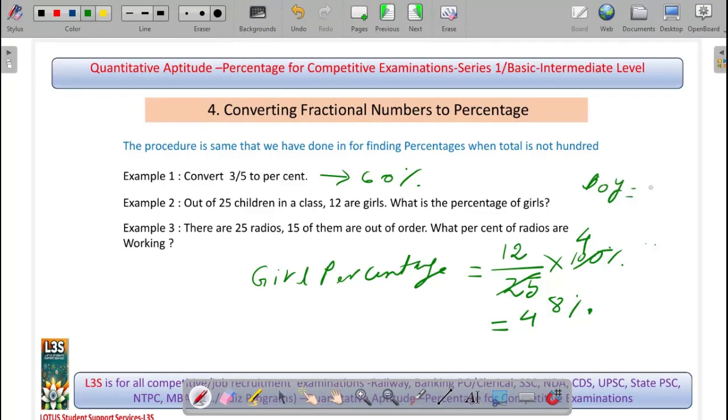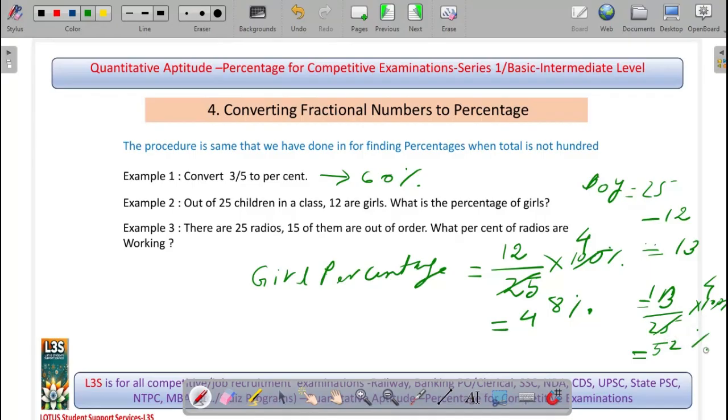Now if 12 are girls, how many are boys? It will be 25 minus 12, that is 13. So boy percentage will be 13 by 25 into 100. So this will be 4, 4 into 13 will be 52.